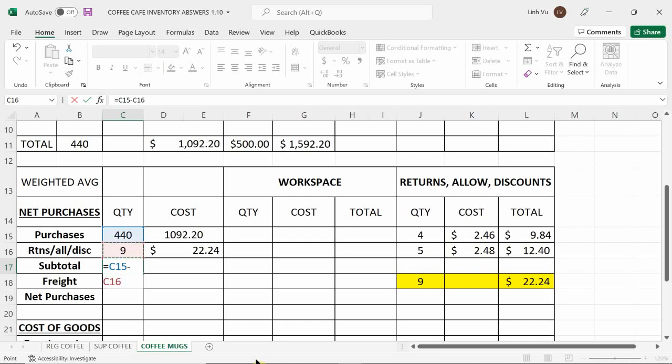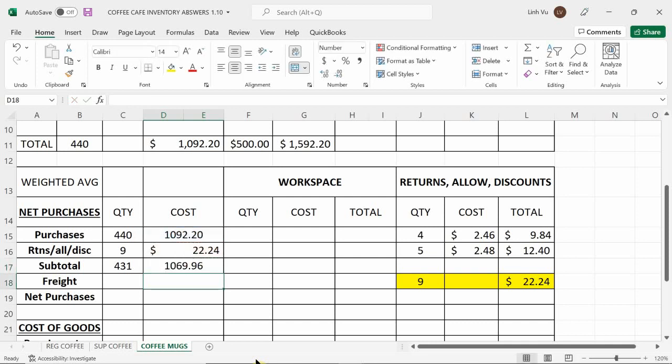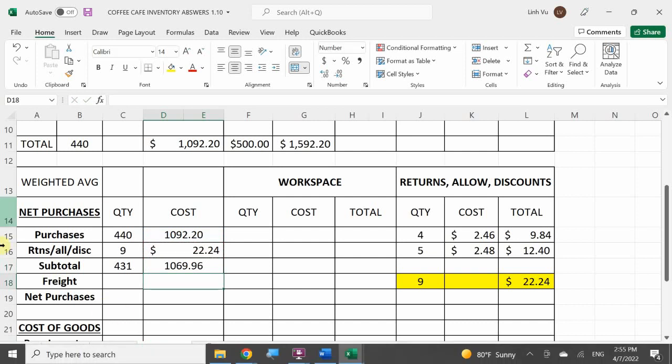How much do I actually have left now, at what total cost? 1069.96. Good.